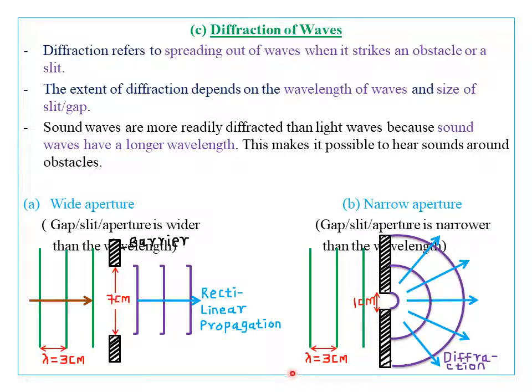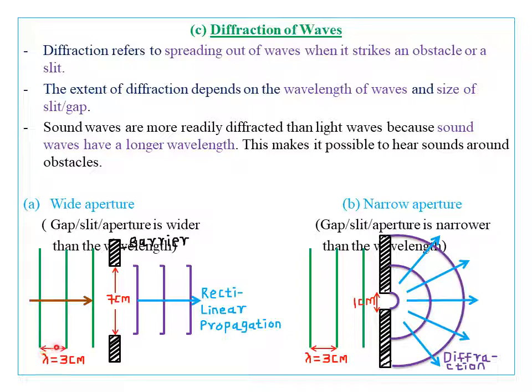The other case will be given, that is, they will be comparing the wavelength. So in one case you are given when the wavelength is smaller than the slit, then in the other case you are given when the wavelength is larger than the slit. So you should be in a position to sketch the rate of diffraction. Just remember that the smaller the slit, the faster the rate of diffraction. The larger the slit, the smaller the rate of diffraction.